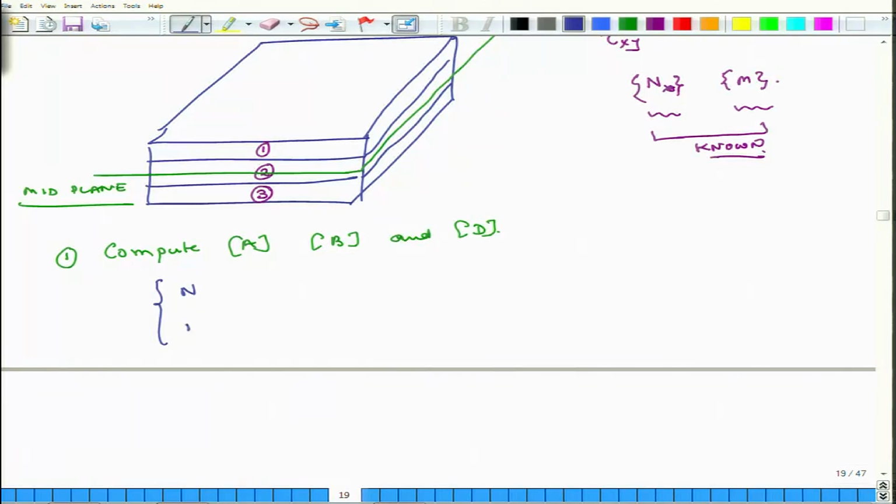So, we know that the relation is N M equals A, B, B and D, and this is the mid-plane strain vector, and this is the mid-plane curvature vector.